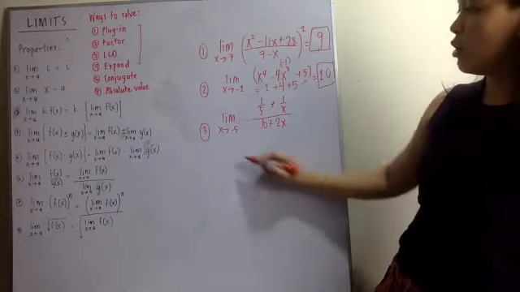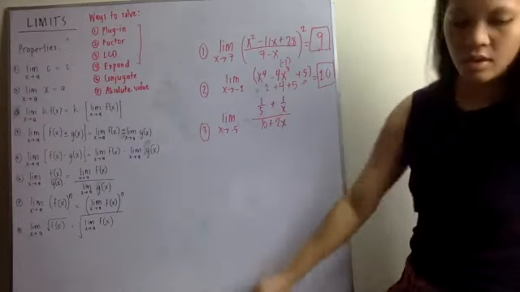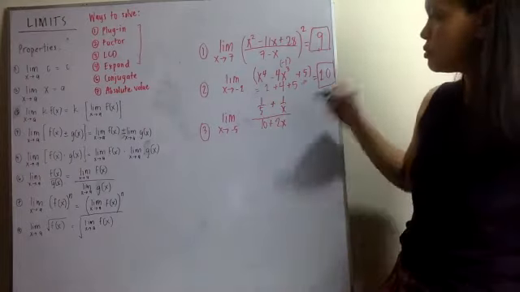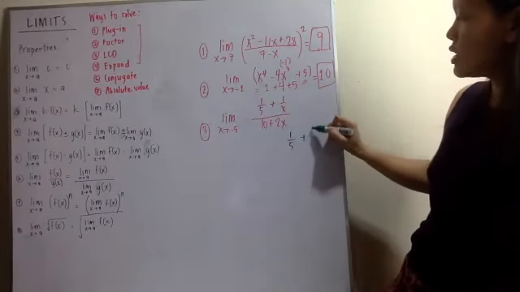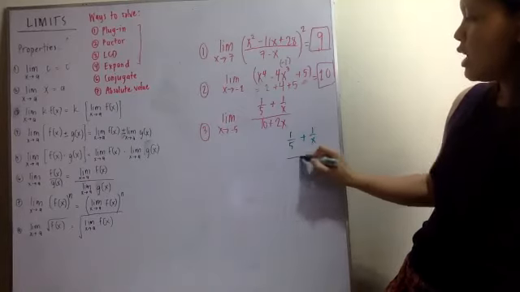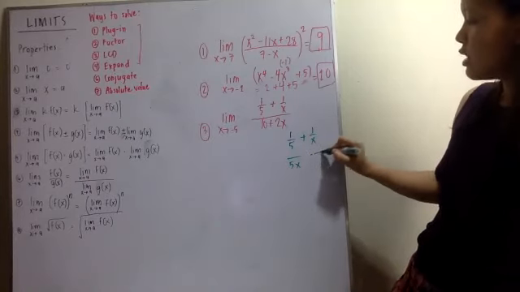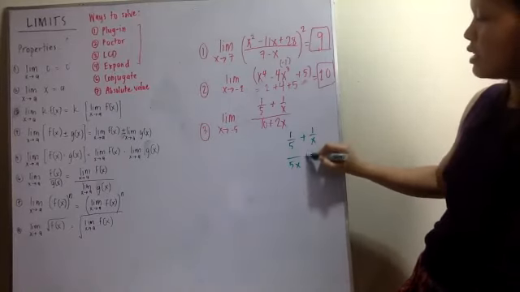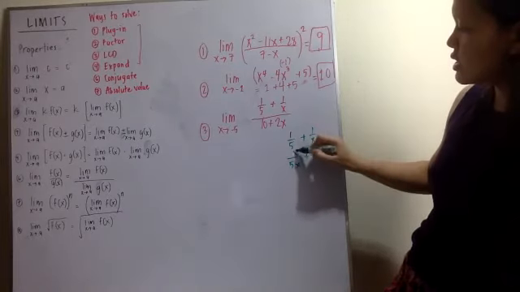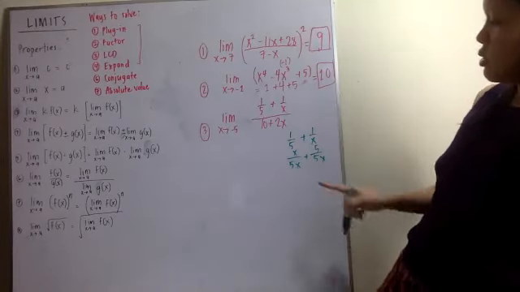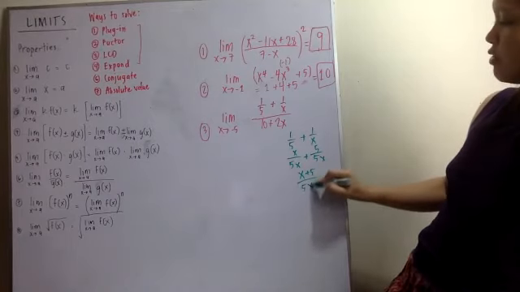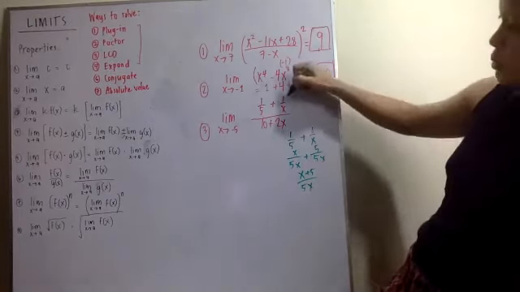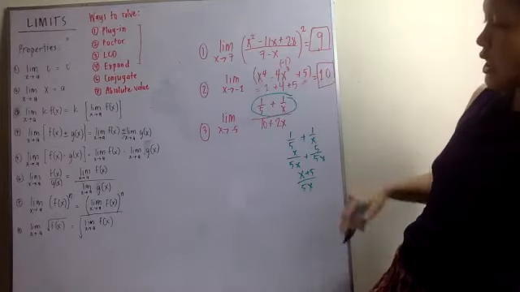How about here? This is the LCD method. Let's get the LCD of 1/5 plus 1 over x, which is 5 over x. Cross multiply. So we have x plus 5 over 5x. We just combined them and we got this one.